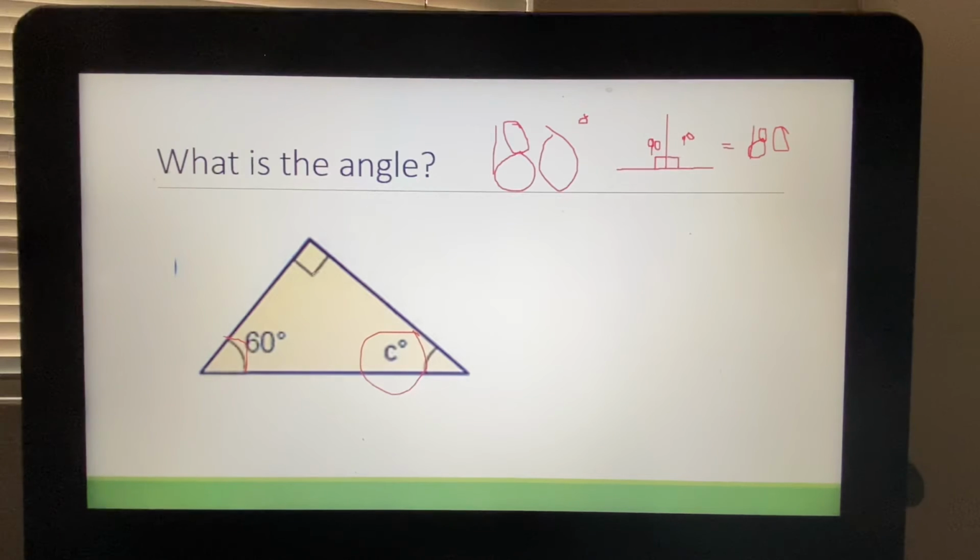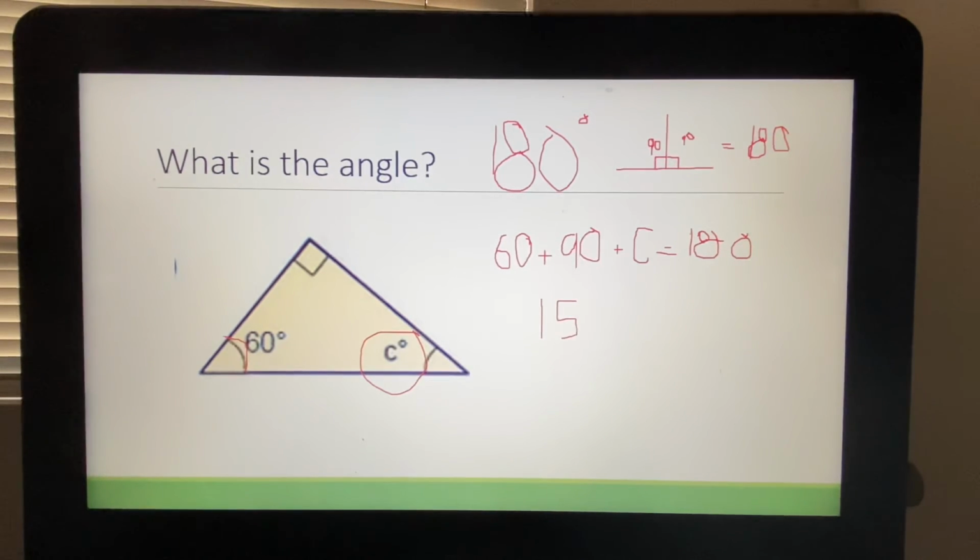lines that make a square, what is that? Good. So we have 60 plus 90 plus C equals 180. So how do we figure this out?